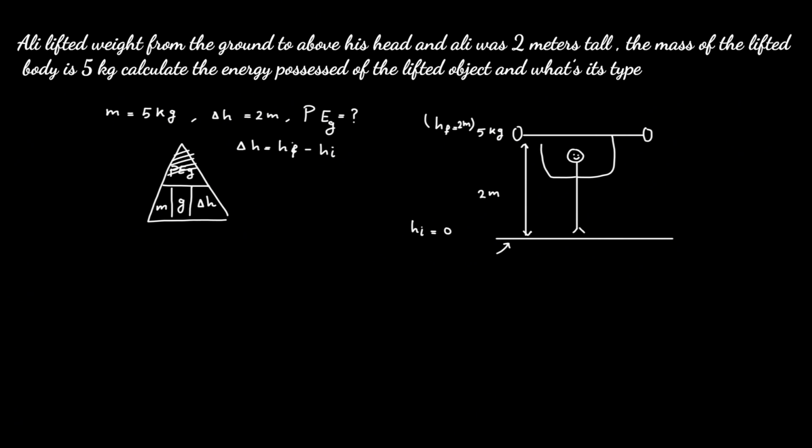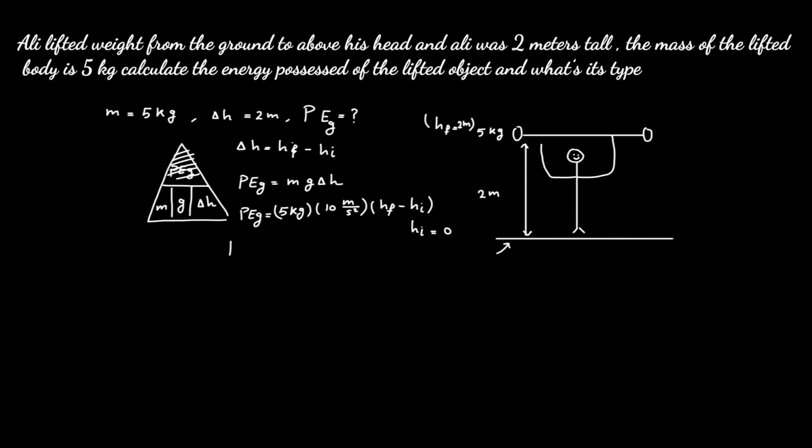He wants potential energy. We will say that potential energy is the product of mass by acceleration due to gravity by the change in height. 5 kilograms, multiply by the gravity, remember it is 10 meters per second squared, multiply by h final minus h initial.